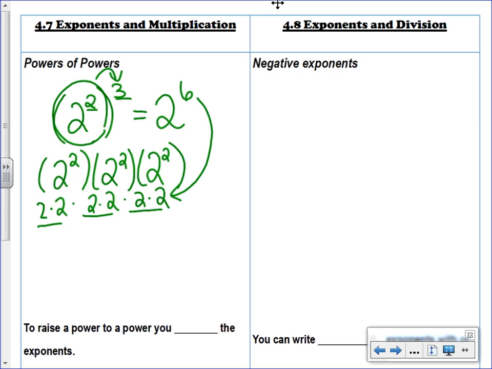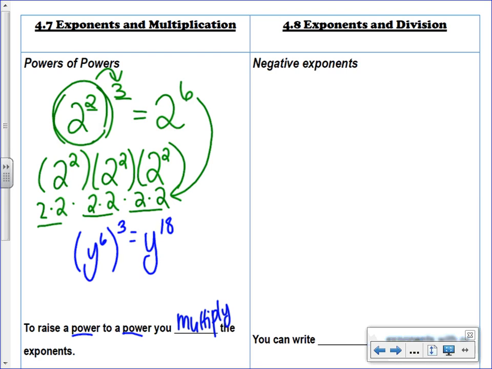So when you raise a power to a power, you just multiply the exponents. So if you have y to the 6th raised to the 3rd, that's just y to the 18th power, because 6 times 3.